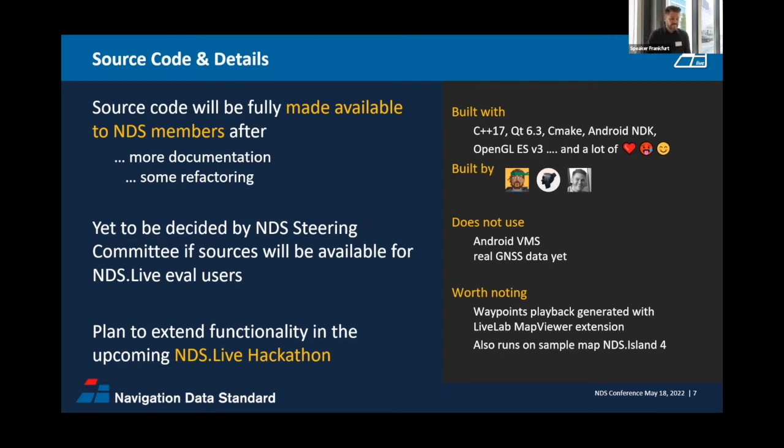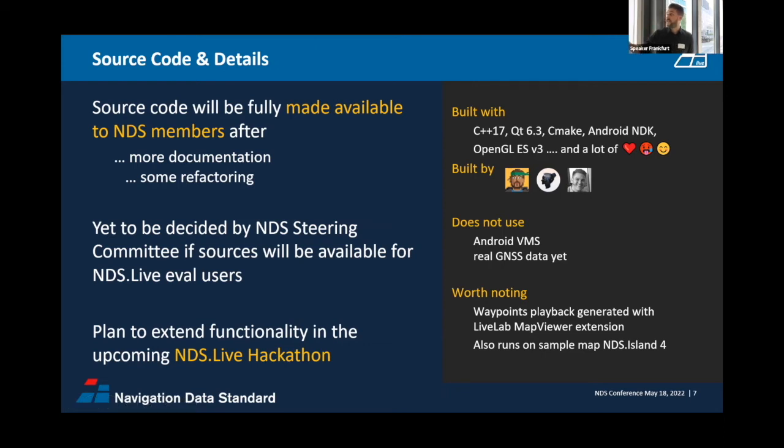And it does not use, for the ones familiar with Android Automotive OS and the whole fuss and buzz around VMS, the Vehicle Map Service, it does not use that, because by doing this analysis we figured out that we don't need to, because NDS.Live gives you the same kind of interfaces. The public specification of VMS is rarely more than the minimum, header files with some comments. And as I said, it does not use real GNSS data yet.